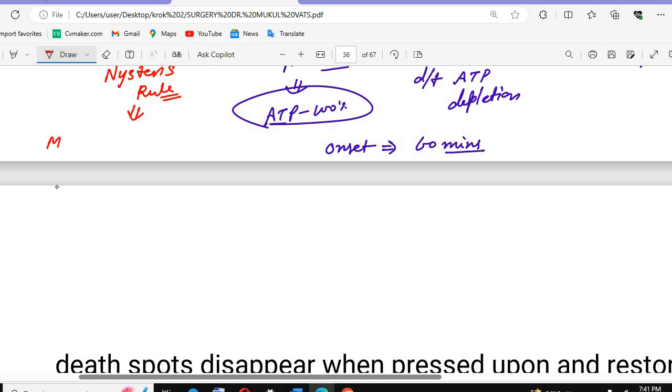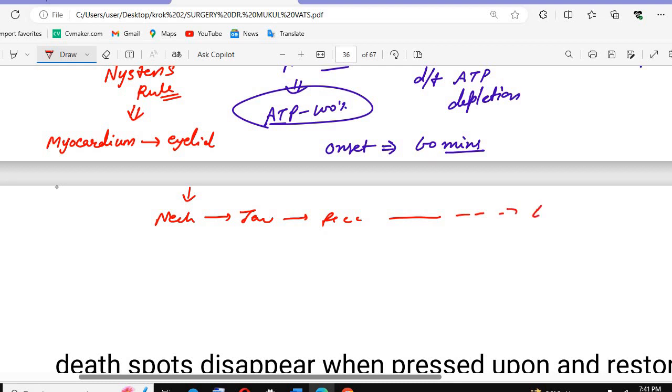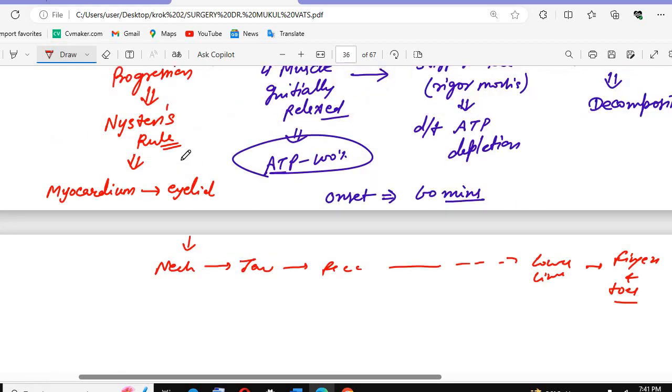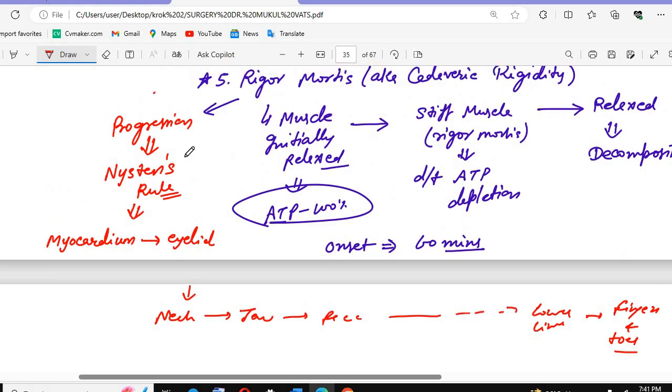In the start, the myocardium undergoes stiffness. After the myocardium comes the eyelid, then the neck, jaw, face, and then the lower limb, and after that fingers and toes, which come at the end. That is the progression of rigor mortis based on Nysten's rule.